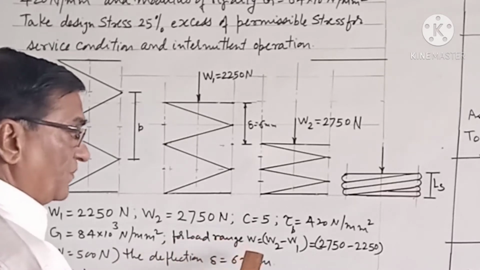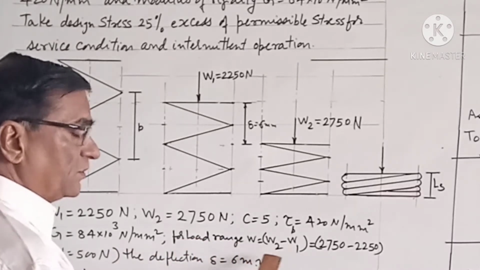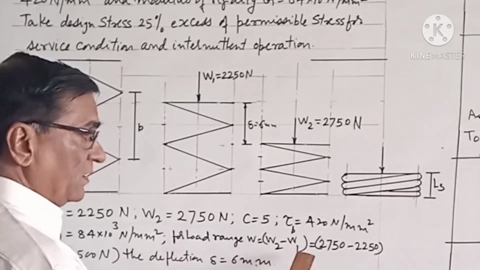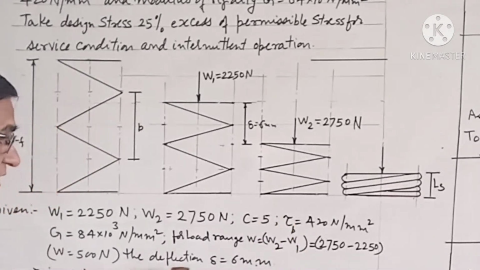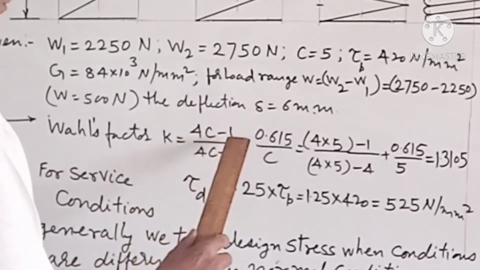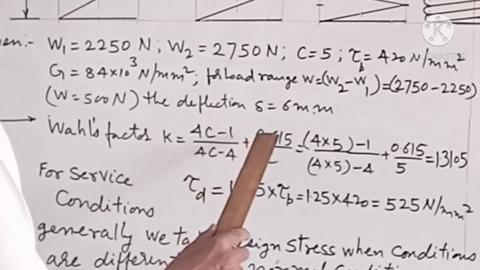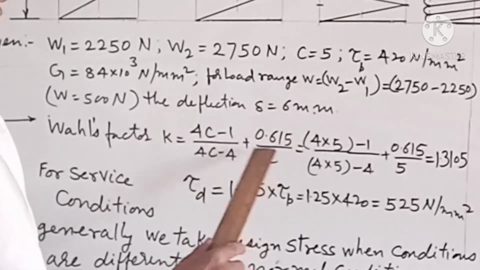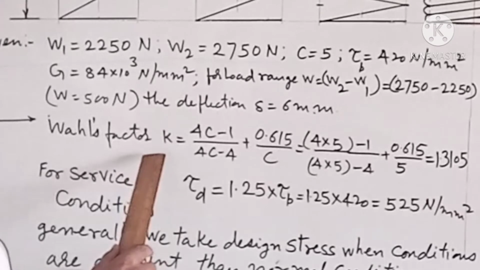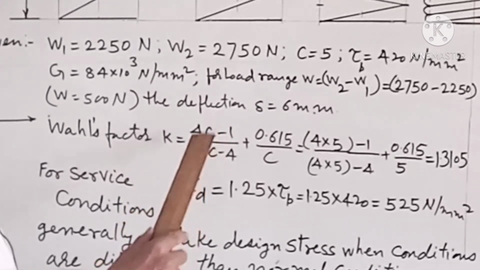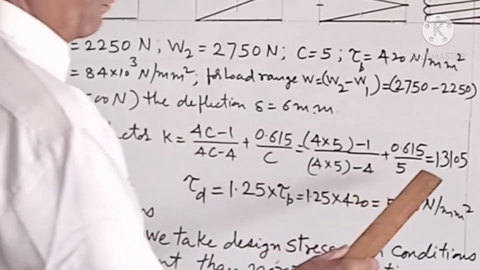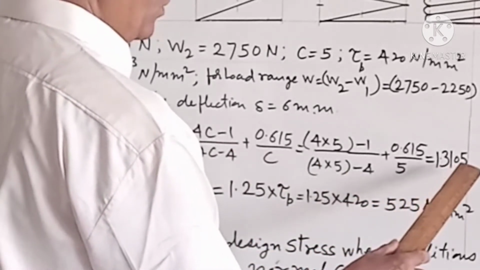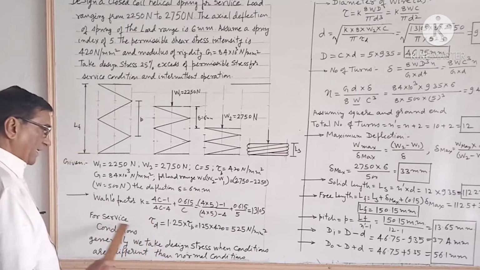For load range, W means difference of load W2 minus W1, that is equal to 500, for the deflection delta equal to 6 millimeter. K is equal to (4C minus 1) upon (4C minus 4) plus 0.615 upon C. We will calculate the value of Wahl's factor by substituting the value of C. The Wahl's factor K comes out to be 1.3105.